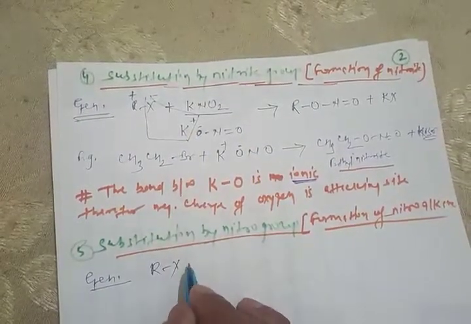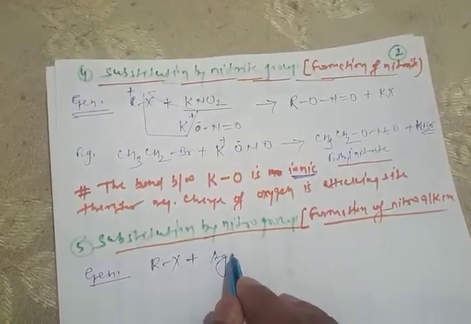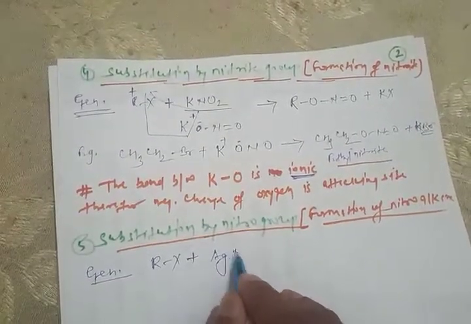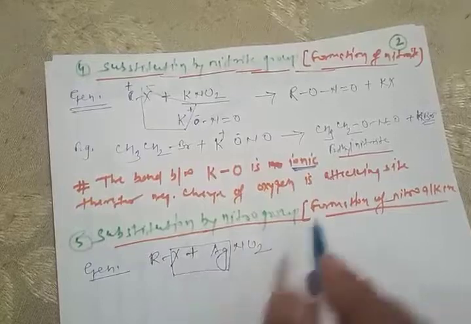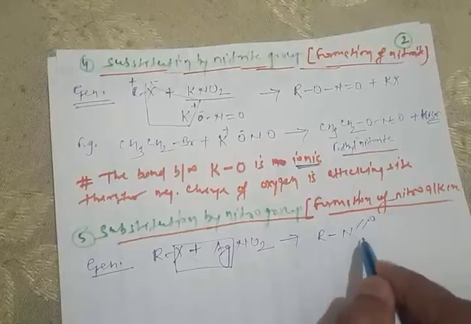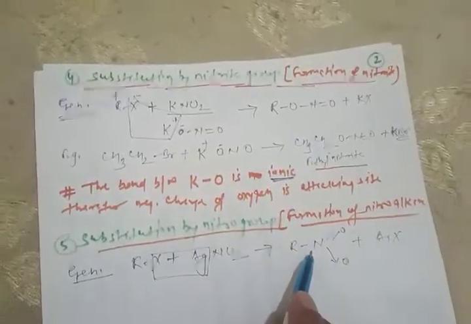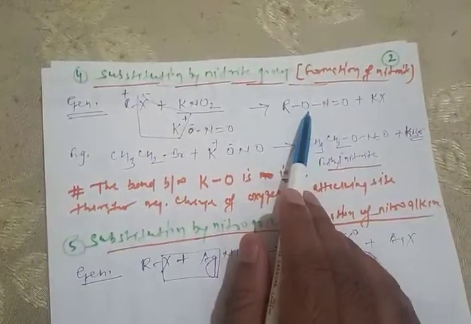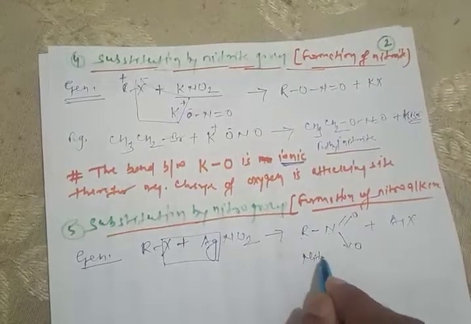And here, if we have silver nitrite, AgNO2, this will give R, with N double bond O, and the oxygen bonded by a coordinate bond with AgX. Let's just see the difference: here R is bonded with nitrogen, and there R was bonded with oxygen. This is the difference between these two. This is nitroalkane.